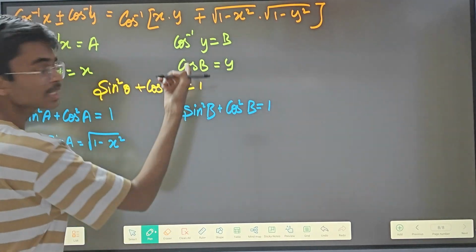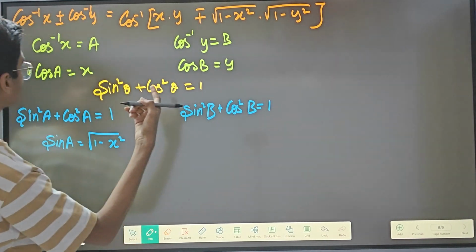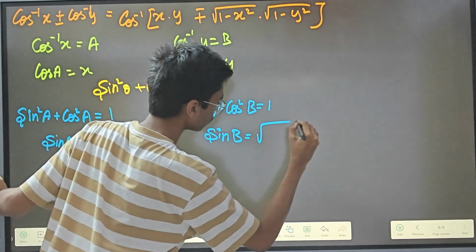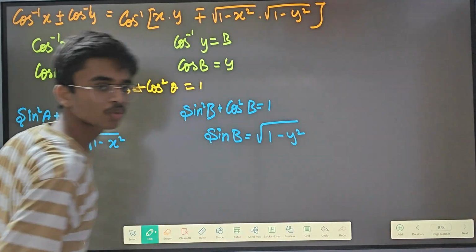Similarly, sine B is equal to root over 1 minus y square.